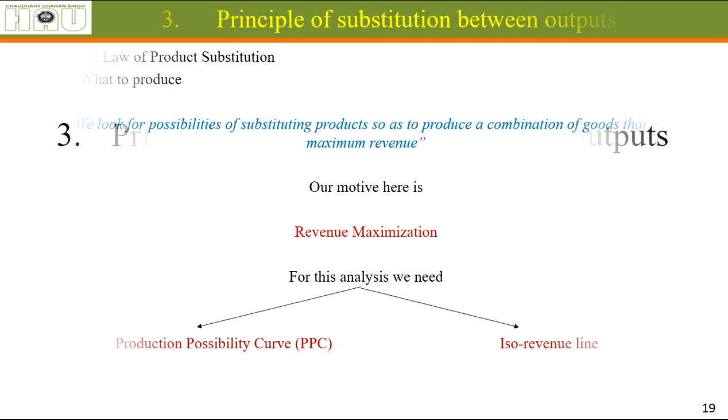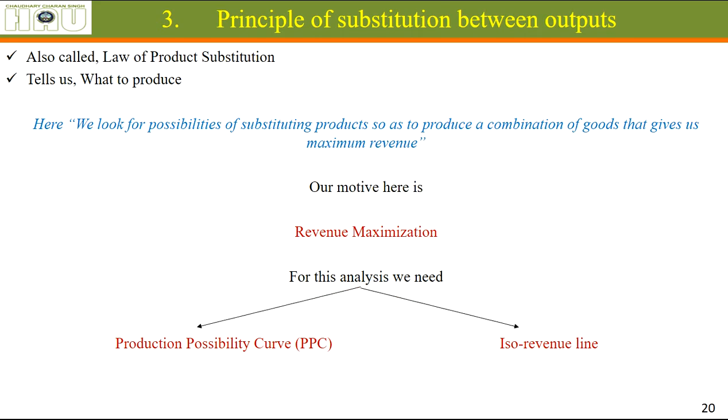Now we try to substitute different combinations of two products. Let's say we have two products, y1 and y2, say wheat and rapeseed and mustard. How much area should be allotted? Let's say we have a fixed budget of 20,000 rupees to buy inputs.